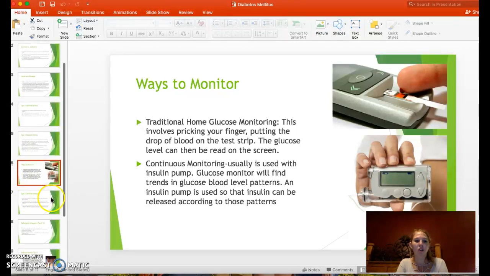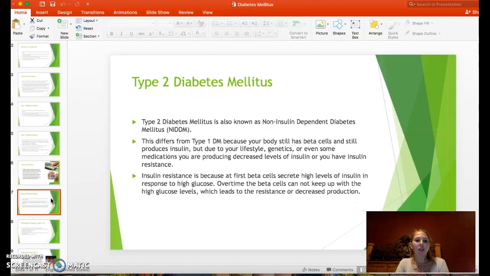So next is type 2 diabetes mellitus, also known as non-insulin dependent diabetes because you are still releasing insulin, but either you're releasing decreased amounts of insulin or you're having down regulation of your receptors, so you're having a decrease of those.